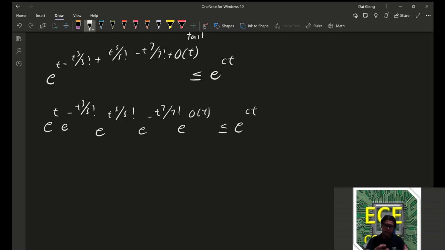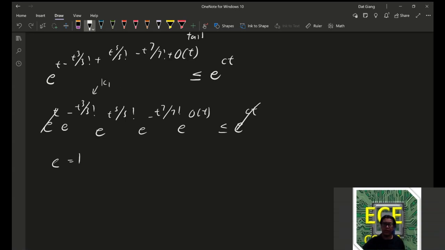Now, if you want to do an apples to apples comparison, let's say that c was equal to 1. If this was true, this and this goes away. So we have e.